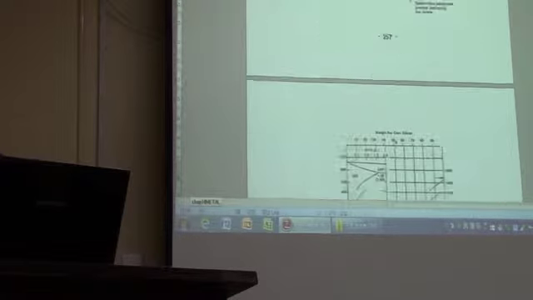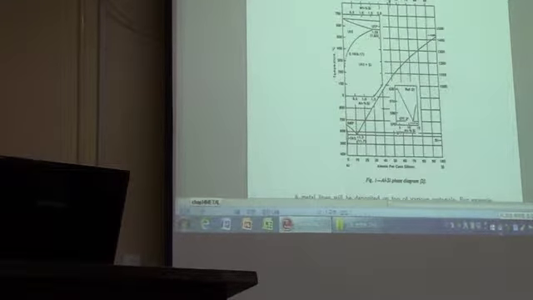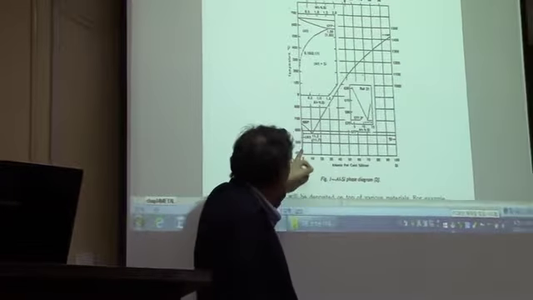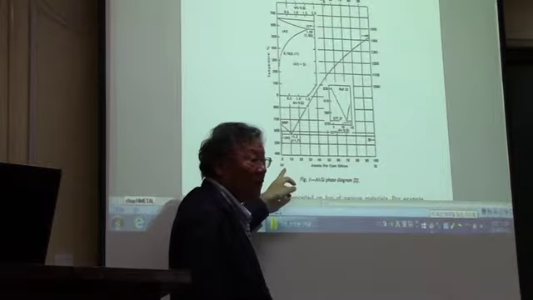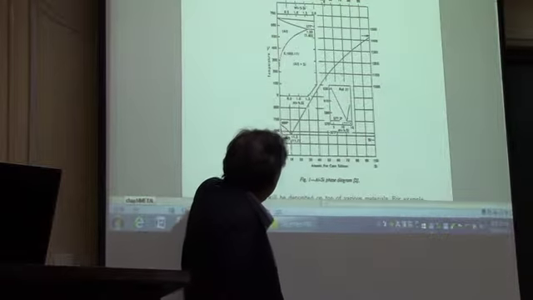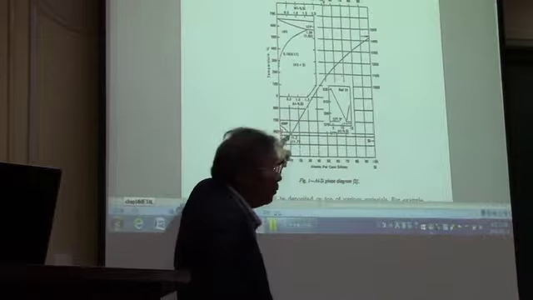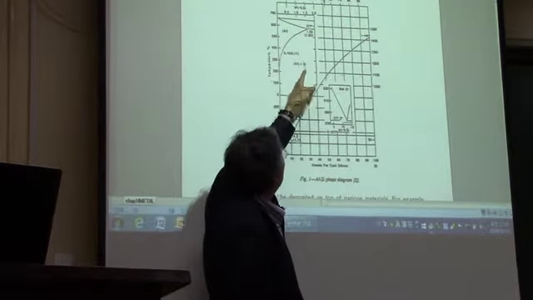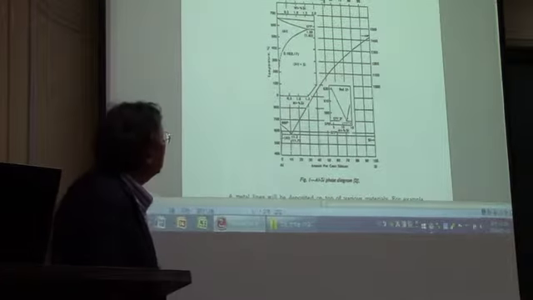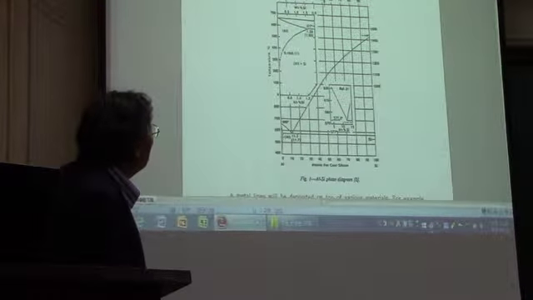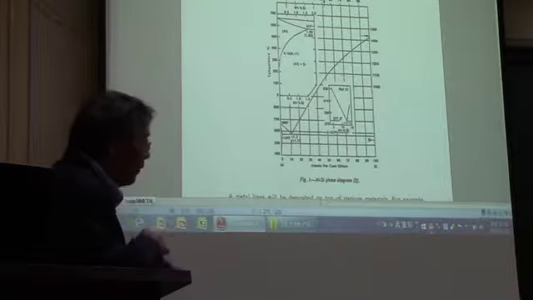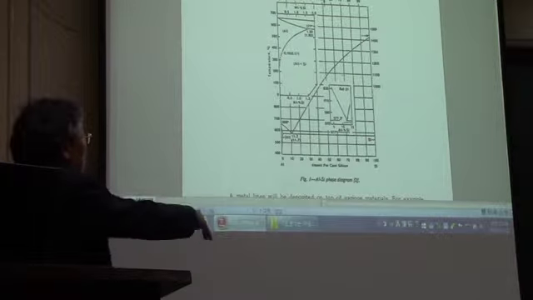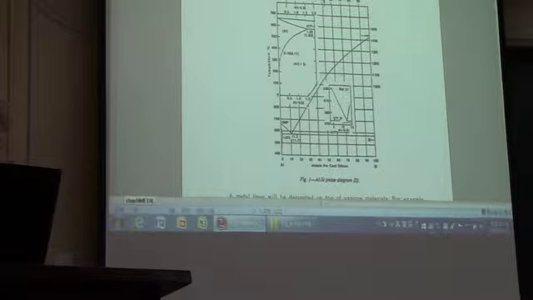And if you look into the phase diagram of this, okay, this is the aluminum and silicon phase diagram, and here is aluminum 100%, okay? And then if you look at this region, the solid solubility limit, you can see up to 1.65% silicon can be soluble into the aluminum.